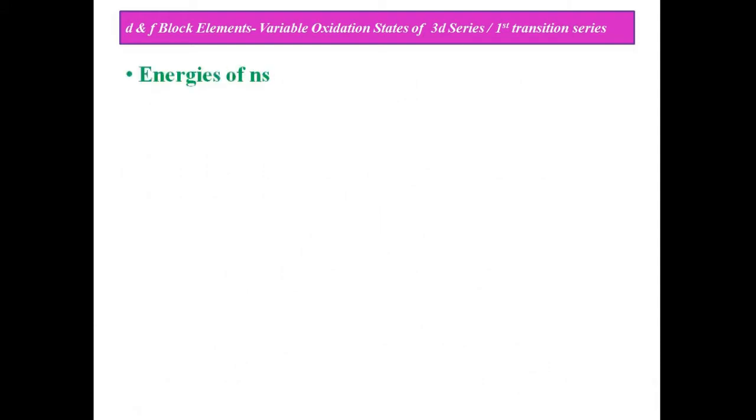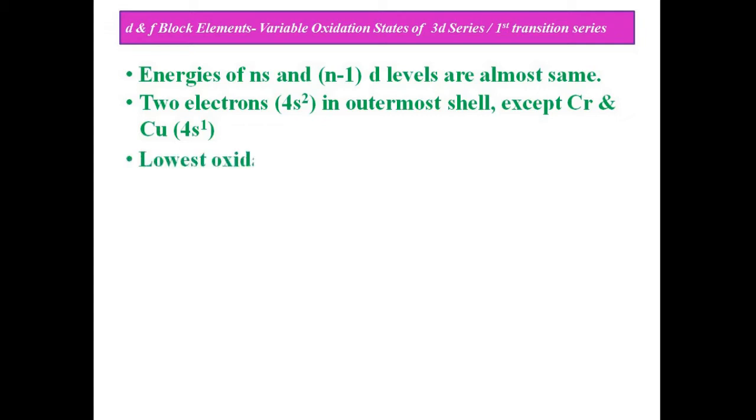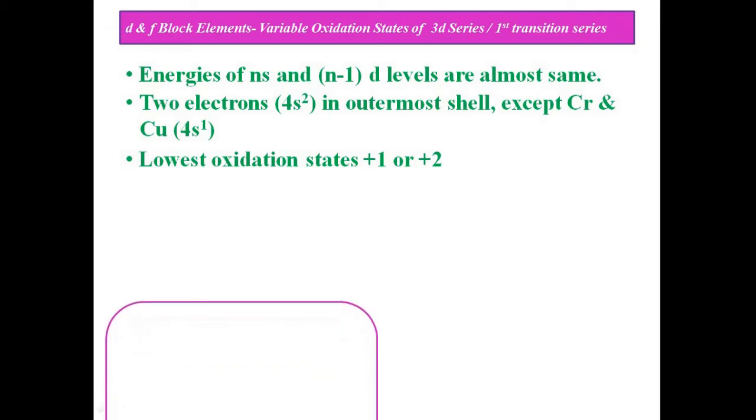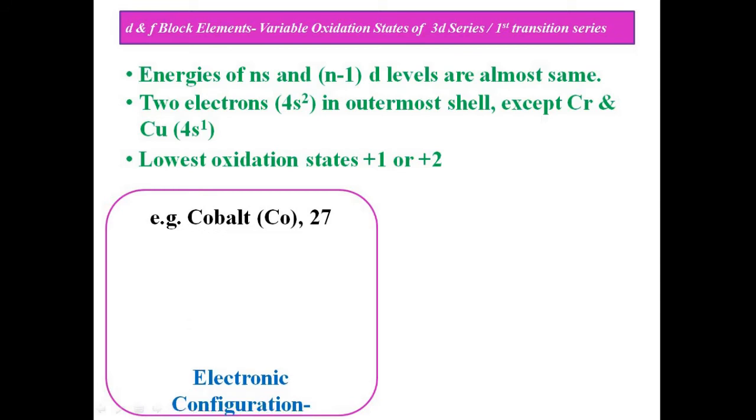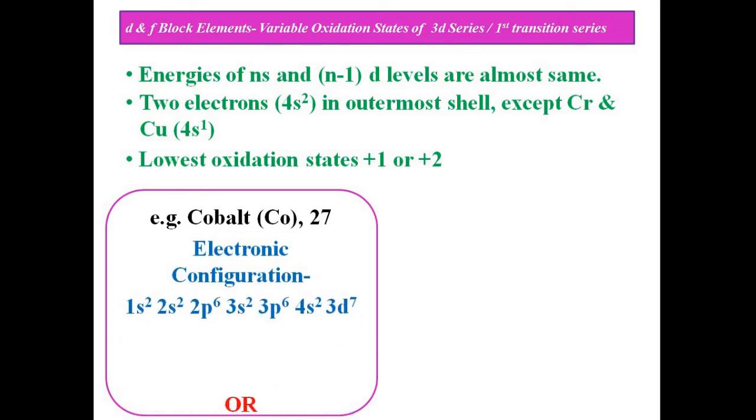Next, the energies of ns and (n-1)d levels are almost the same. There are 2 electrons in the outermost shell except chromium and copper. So the lowest oxidation state may be +1 or +2. For this, we will consider two examples. Cobalt, having atomic number 27, has the electronic configuration [Ar] 3d7 4s2.